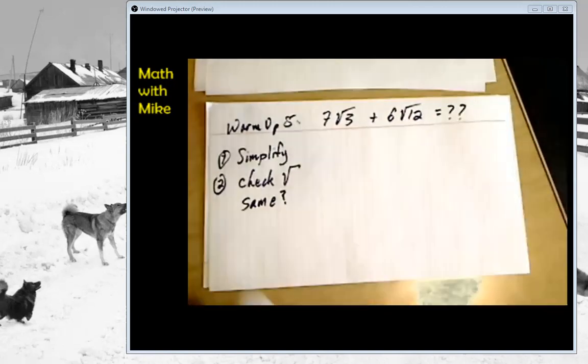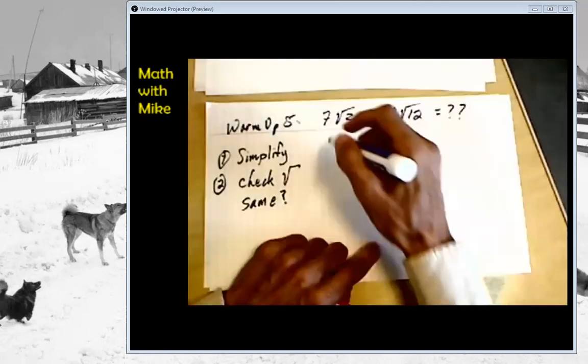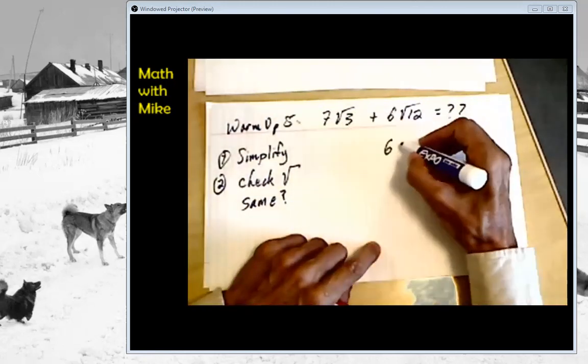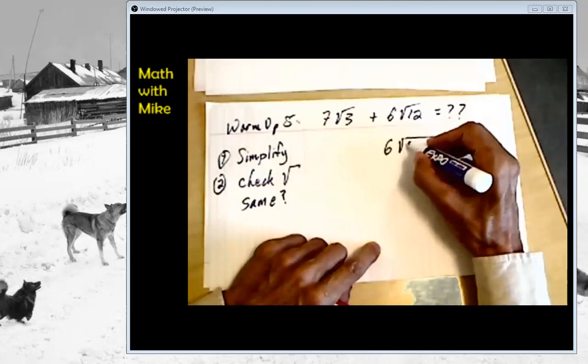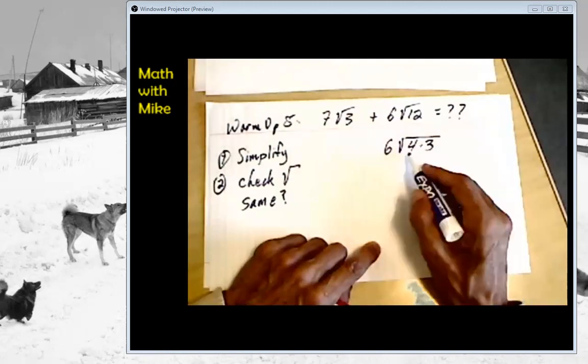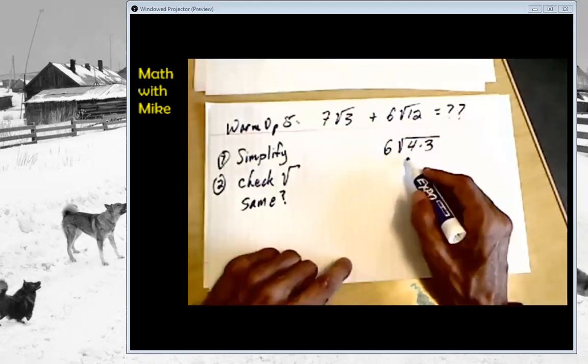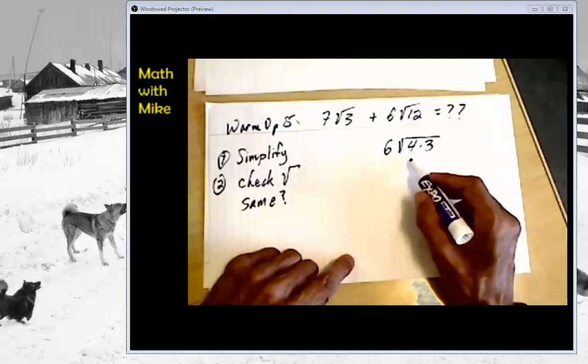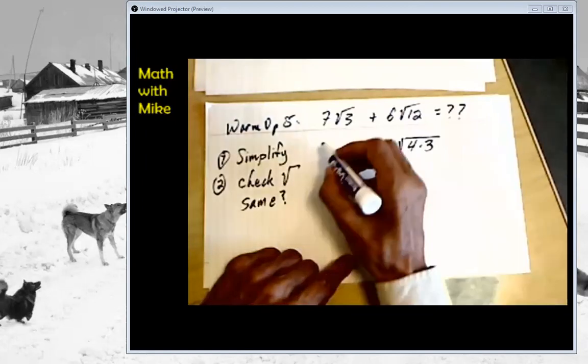Yeah, 3 times 4. Now I'm going to write that down because that shows a slightly different way that we can solve this, okay? So first of all, I see that 4 is a square number, 2 times 2. So I'm going to write that square number first. Okay. And the 7 root 3 I'm just going to bring down.